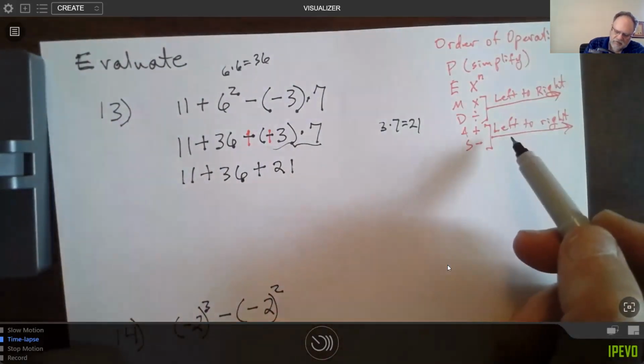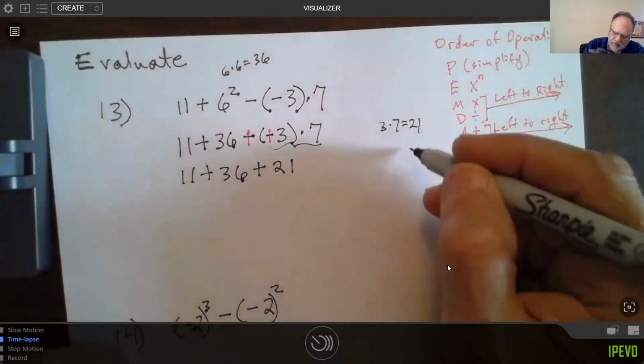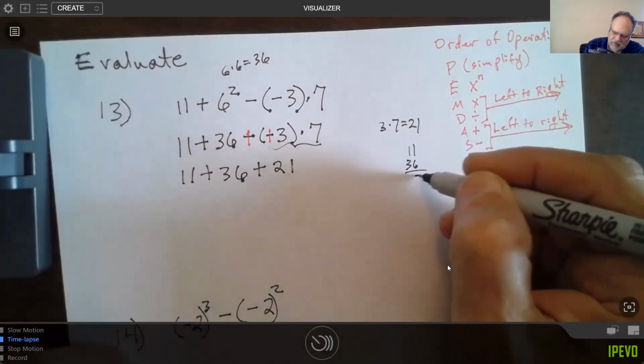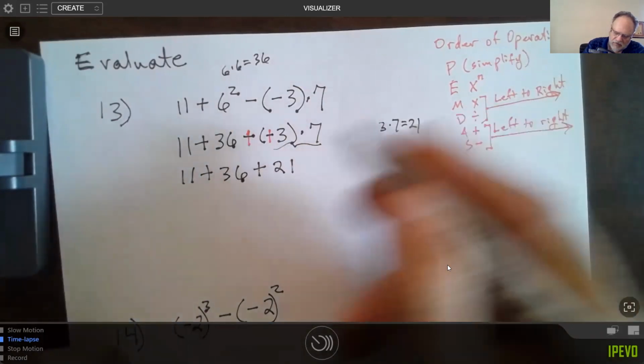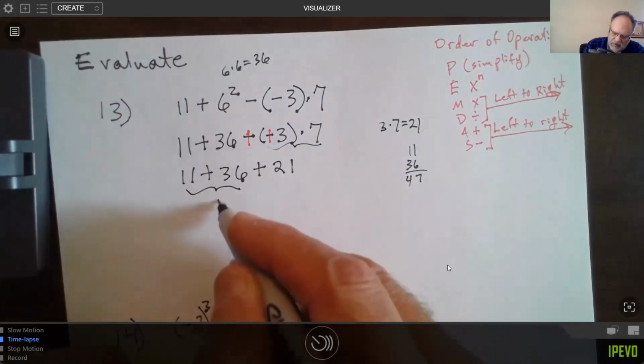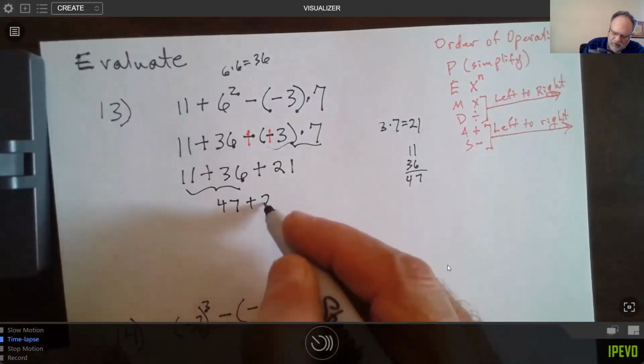And now from left to right, we add 11 and 36. That's going to give us 47 plus 21.